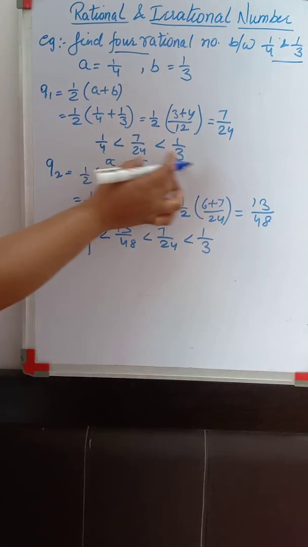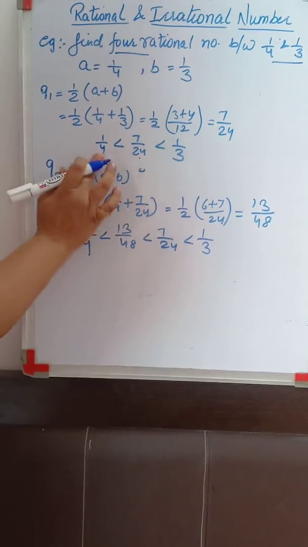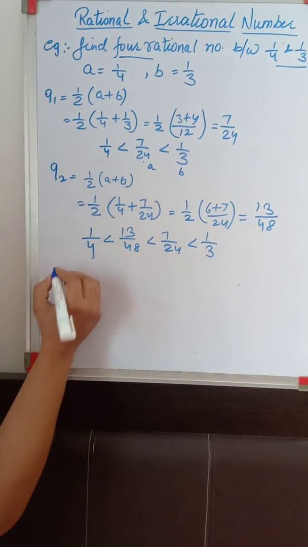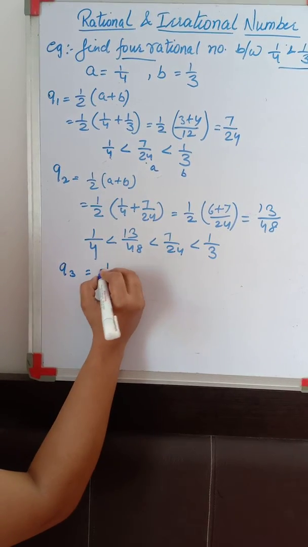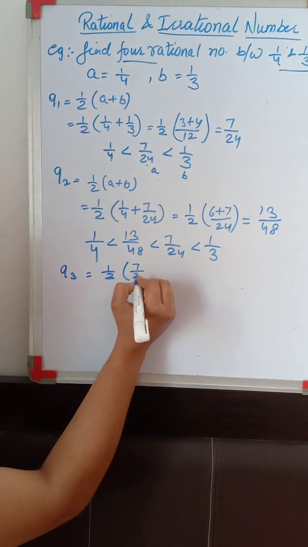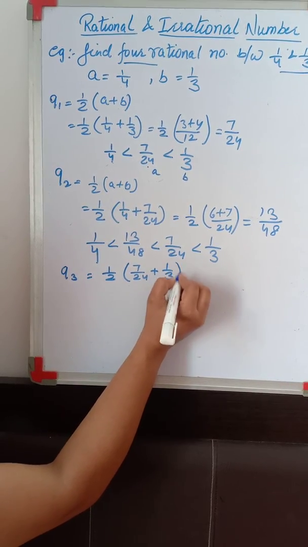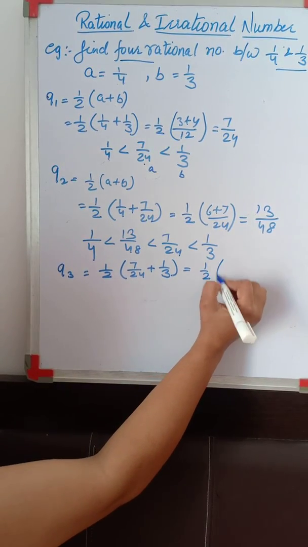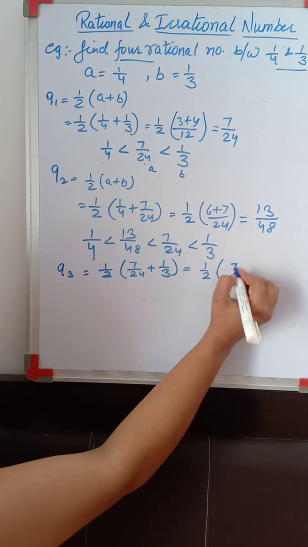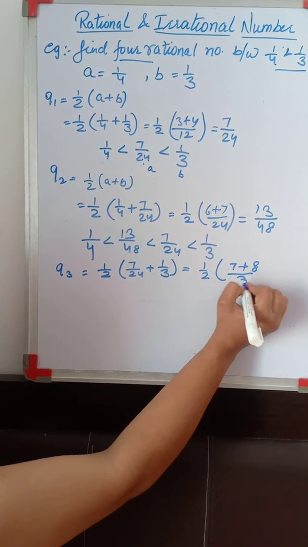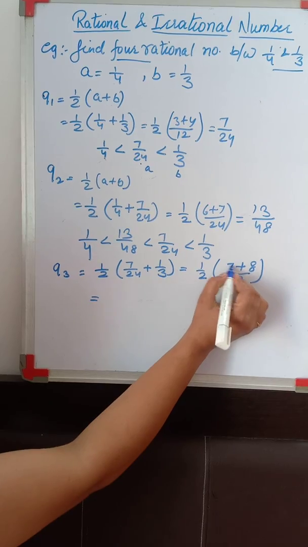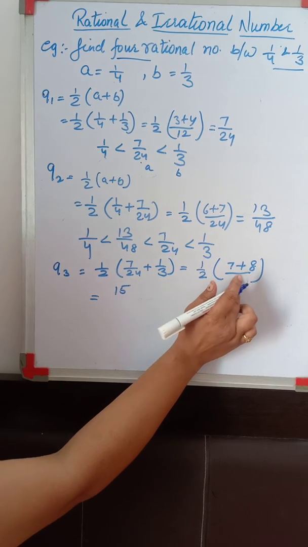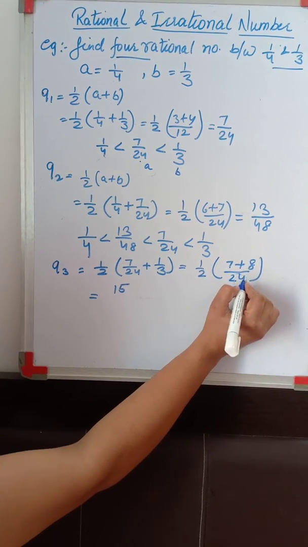Now, I can take this pair also, right? So, now if I am taking this pair, this has become A and this will be B. So, what will be Q3? Q3 will become 1 upon 2 into 7 upon 24 plus 1 upon 3. So what will be the solution? It will be 1 upon 2 into 7 plus 8 upon 24, right?